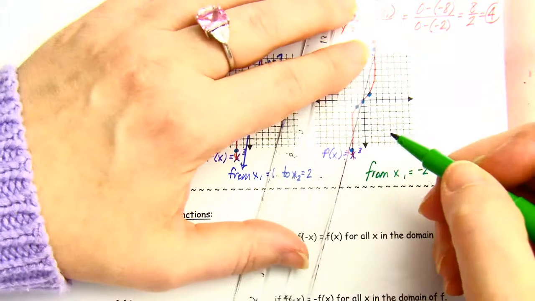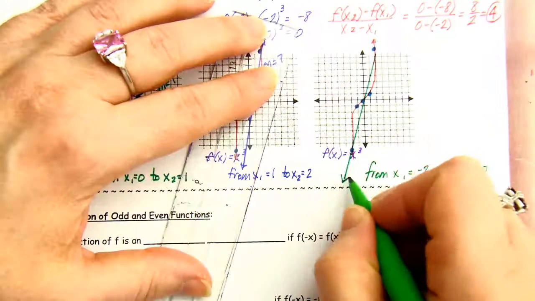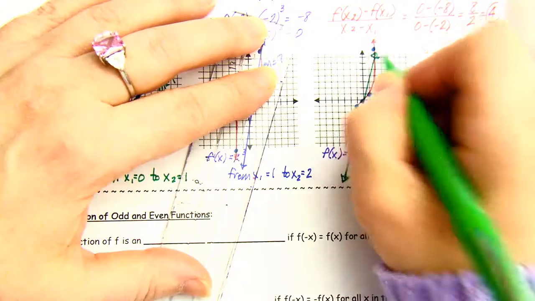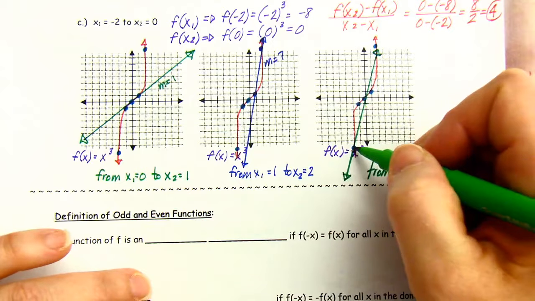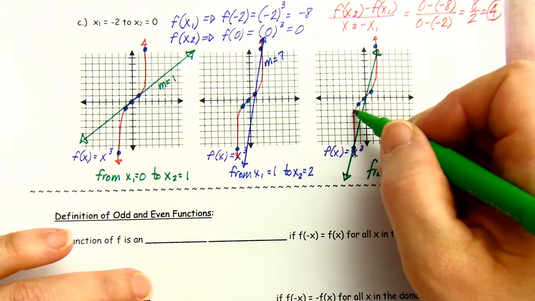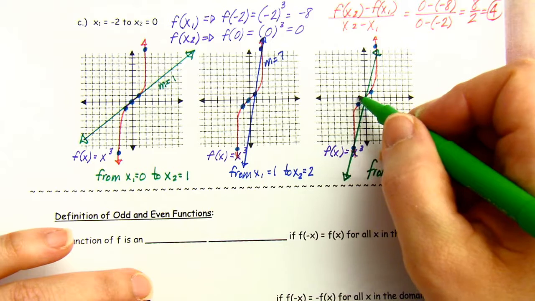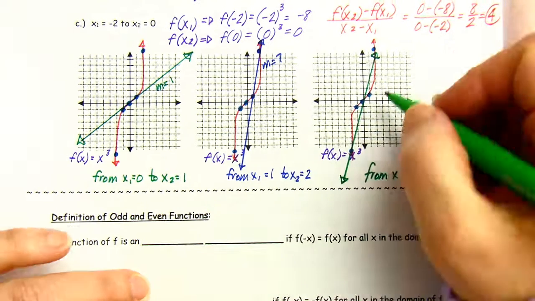So I'm going to connect those 2 points, draw my secant line, and use my rise over my run. So from this point to that point, I'm rising 1, 2, 3, 4, 5, 6, 7, 8, and I'm running 1, 2. That's 8 over 2, which is what we saw here. That's 4.